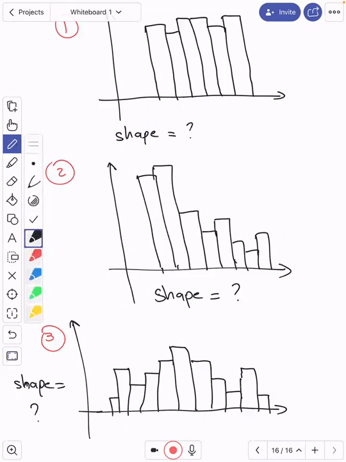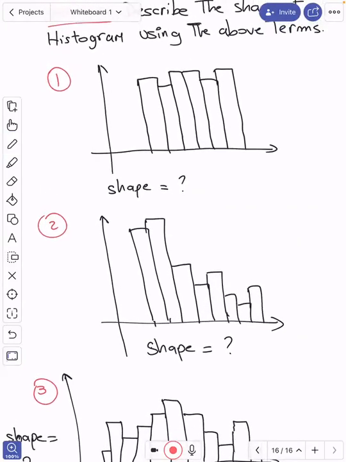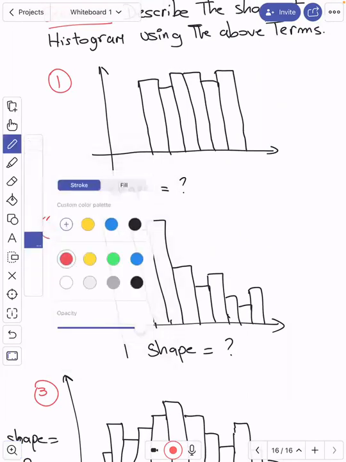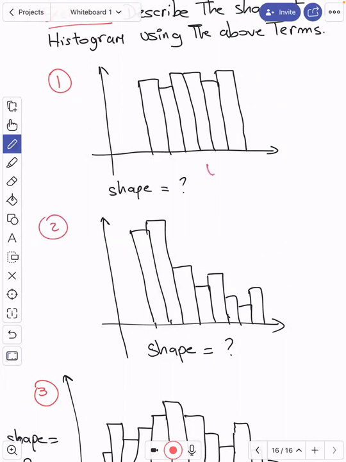As you can see in number one, the classes have more or less the same frequency, right? The rectangles have more or less the same height. So number one would be, as you said, uniform or regular.